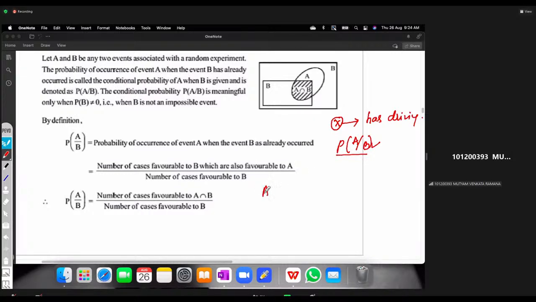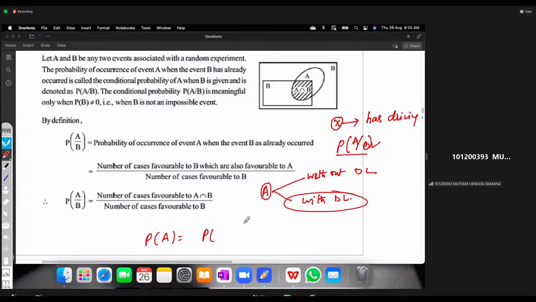So he can drive the vehicle in two conditions: without the driving license, or with the driving license. So here I knew that he is having the driving license. What is the chance of not having the driving license, or what is the chance of driving the car with the driving license?